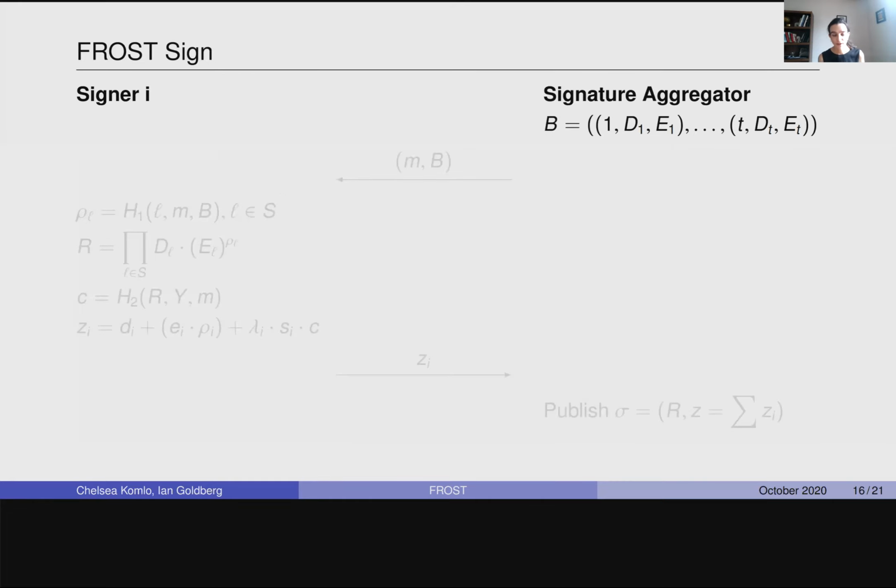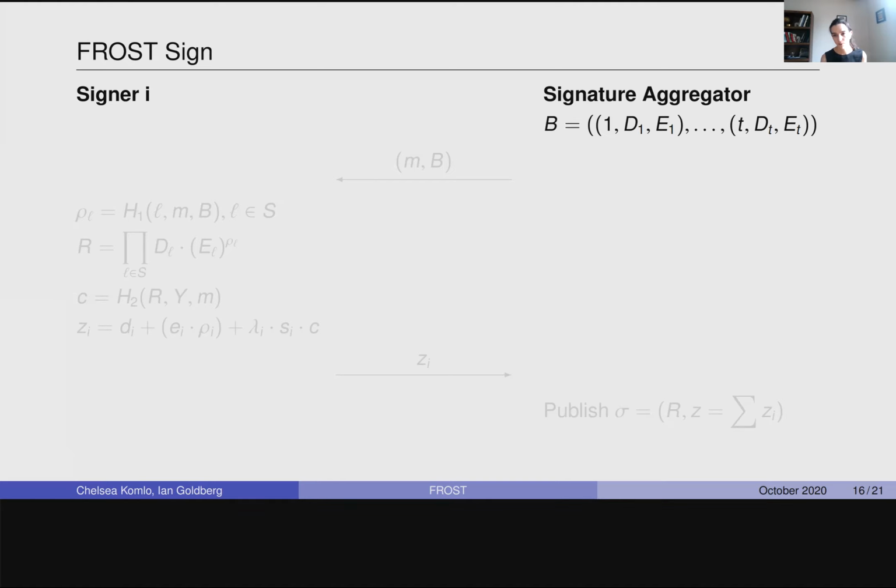Okay, so then the second round for Frost signing, we show this with a signature aggregator. Essentially what's important is that to start the signing round, we require this B value. This B value is the commitments for every participant that will be participating in the signing operation, along with their identifiers.